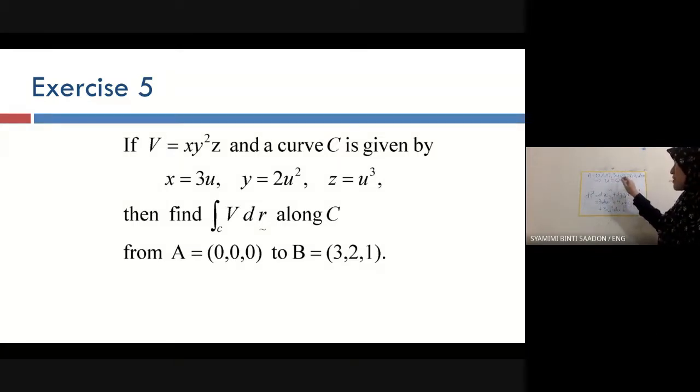In order to satisfy these three functions, u equals 0.